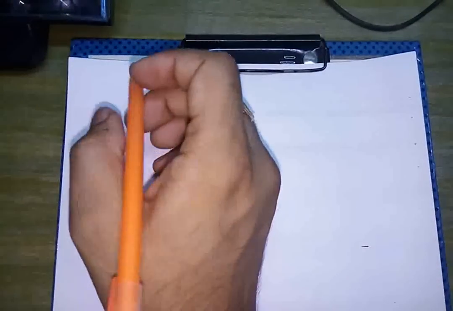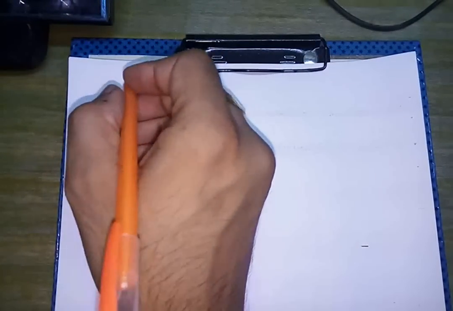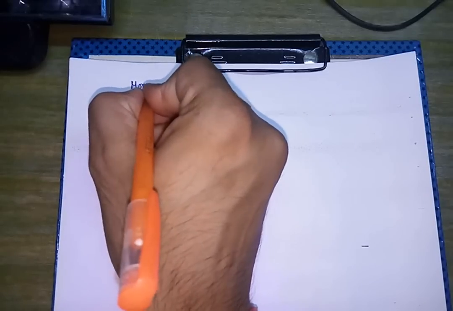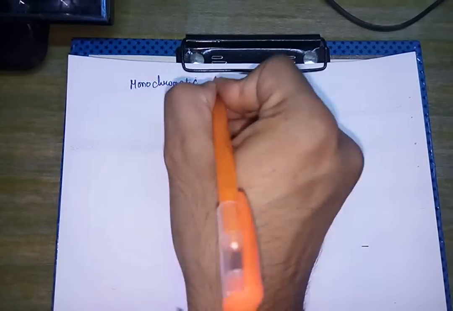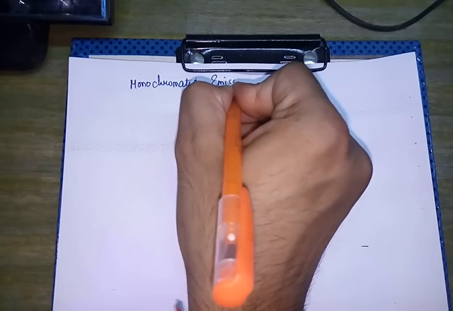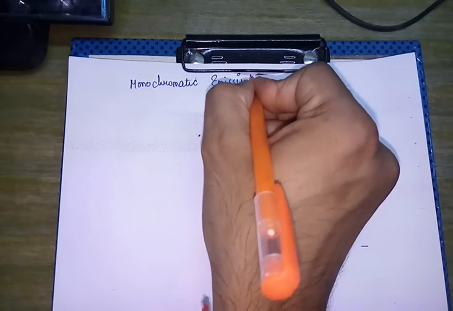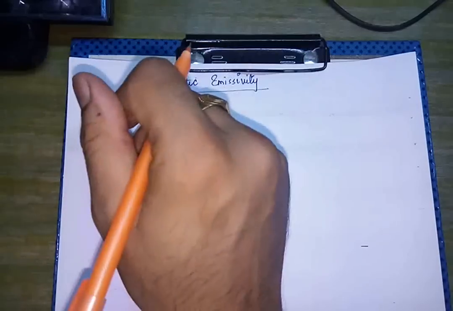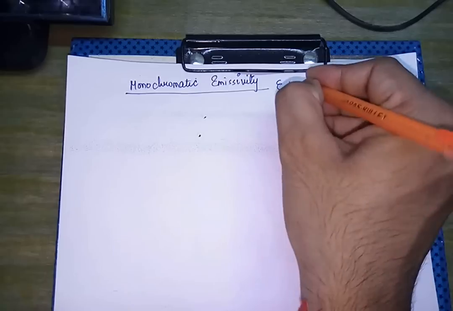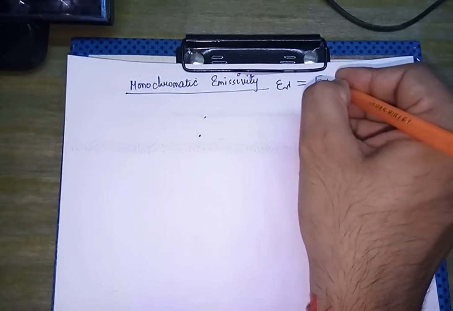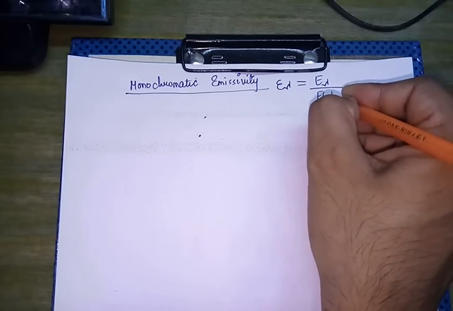Now we will be discussing monochromatic emissivity. It will be represented by epsilon lambda, and that will be equal to E lambda upon EB lambda.